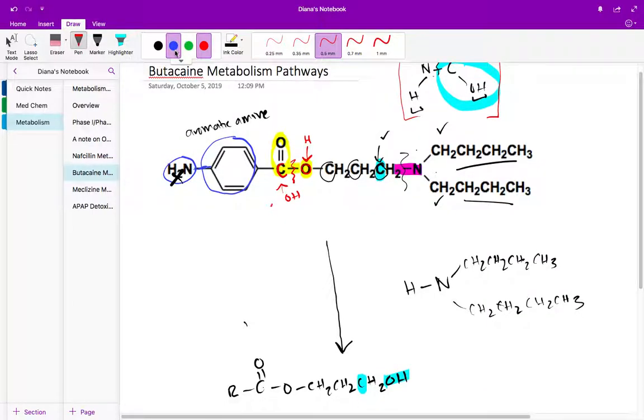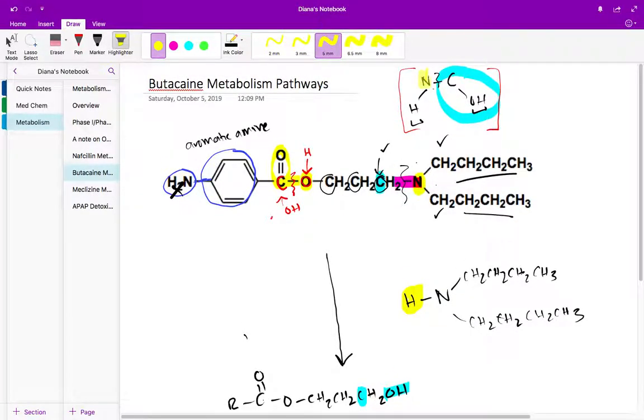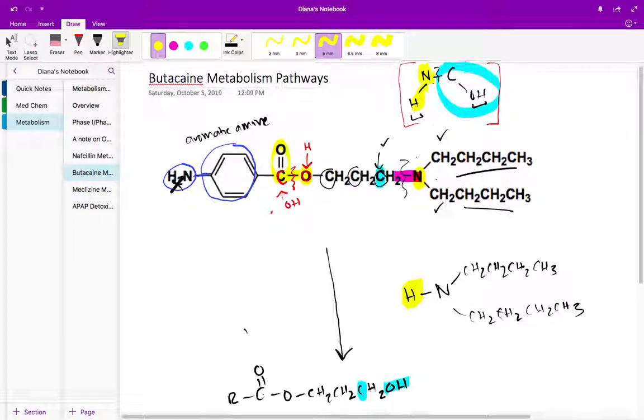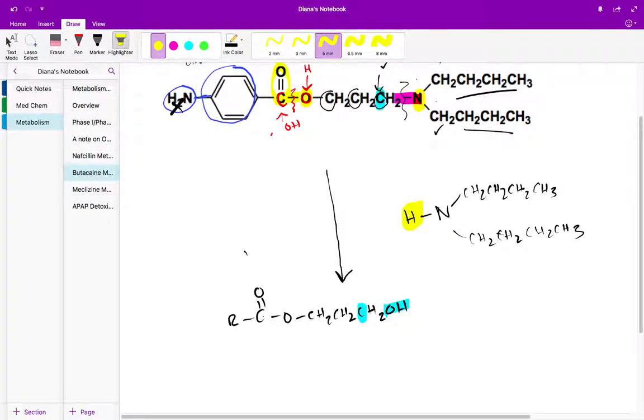It's just like the O-dealkylation. So in this case, I see that my nitrogen got the hydrogen, just like we predicted, that the nitrogen would get the hydrogen and the carbon would get the OH. So that's your product. So what have we formed? We have formed an amine, right?